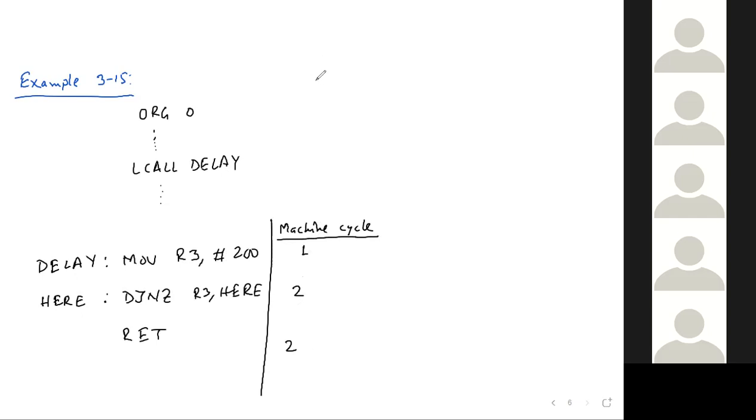And say you are given that the frequency of the crystal oscillator is 11.0592 megahertz. These are the information which are given to you. Now let us find the solution. If you are given the frequency of the crystal oscillator, definitely you can find the time period of one machine cycle. So what is the time period of one machine cycle?